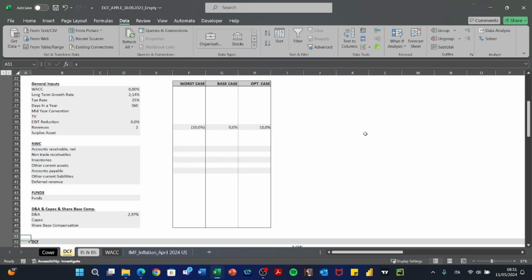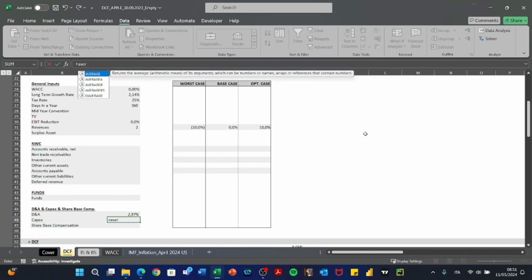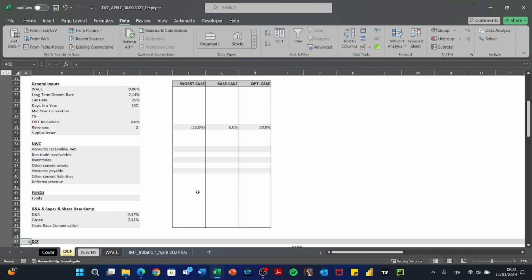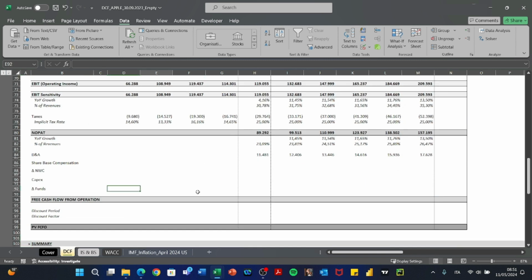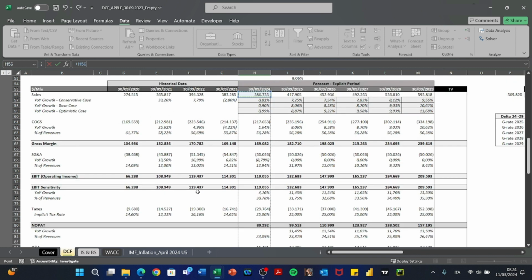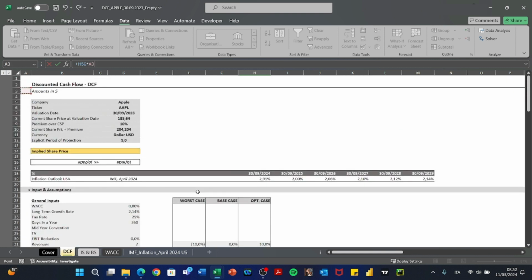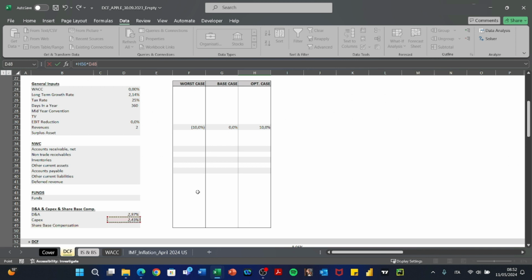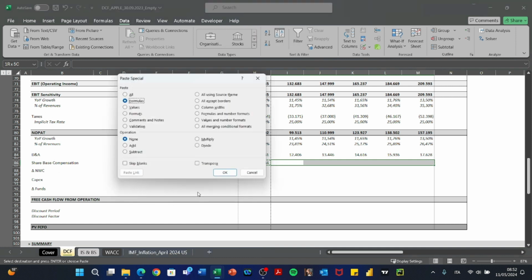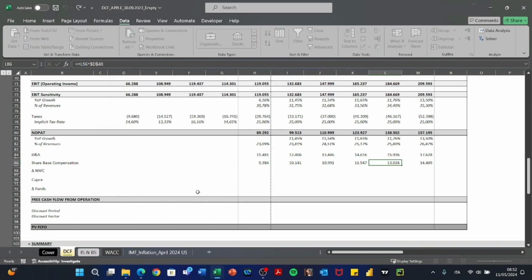So plus average of this, perfect, 2.43. And let's add them back to our model, times, let me block it. Okay, 9.8. Perfect.